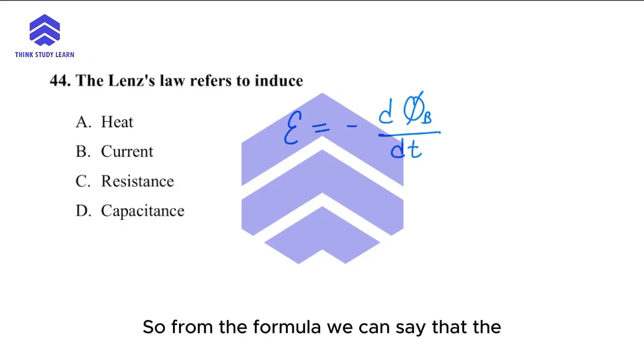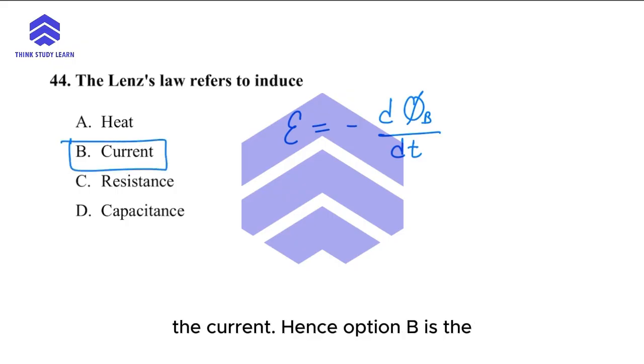So from the formula, we can say that the induced EMF with different polarities induces a current whose magnetic field opposes the change in magnetic flux through the loop in order to ensure that the original flux is maintained through the loop when current flows in it. Hence, we can say that Lenz's law induces the current. Hence, option B is the correct answer.